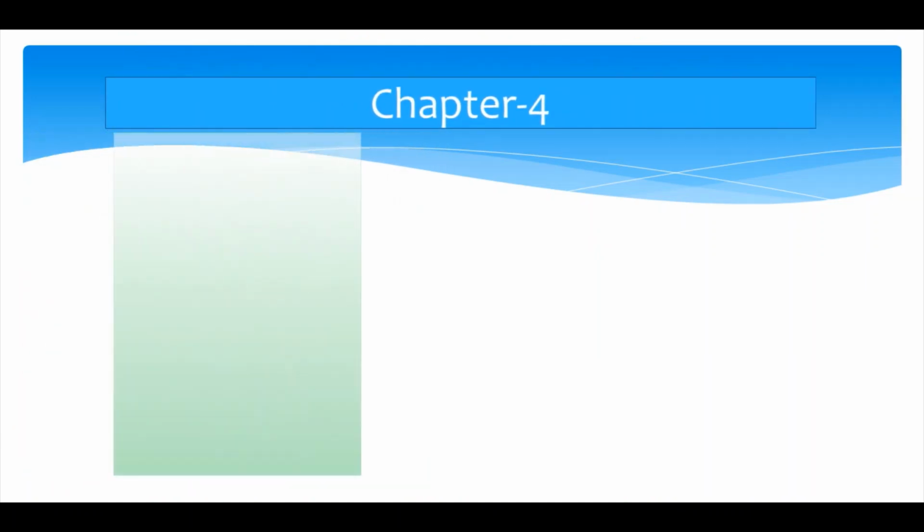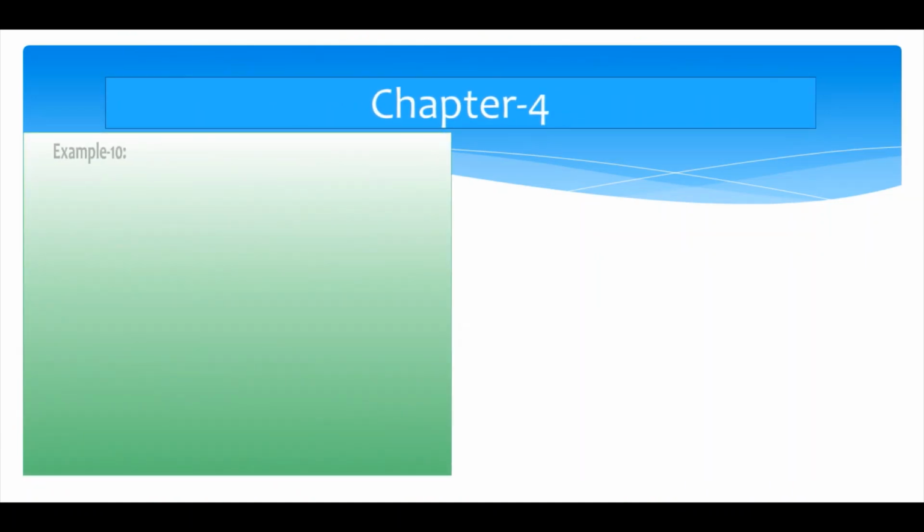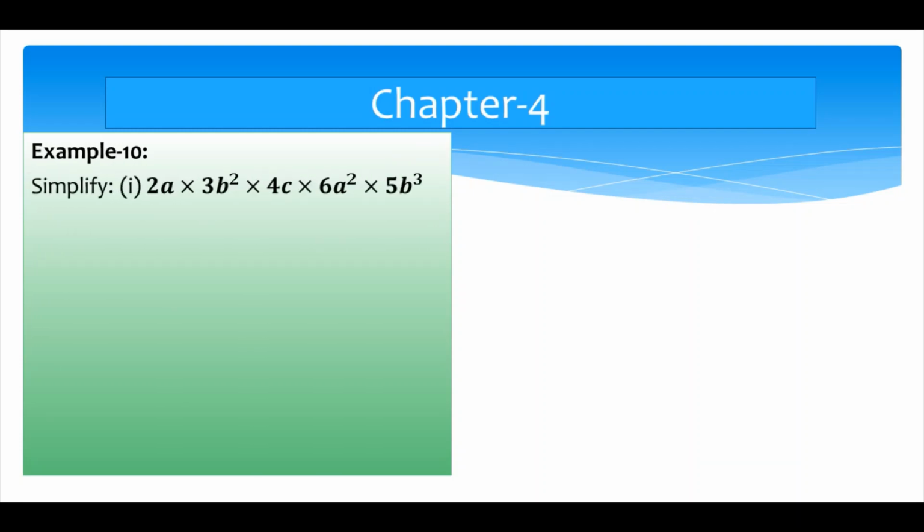Let's see another example. Example number 10. We have to simplify this. As you can see, here there are 3 bases. At first you can see a, b and c. There are 3 different types of base.